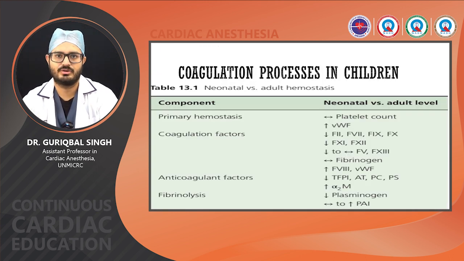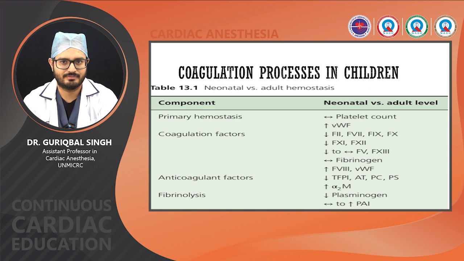There's a difference in the coagulation process in adults and in neonates. The platelet count and von Willebrand factor, which are responsible for primary hemostasis: the platelet counts are the same in both neonates and adults, while von Willebrand factor is higher in concentration in neonates.